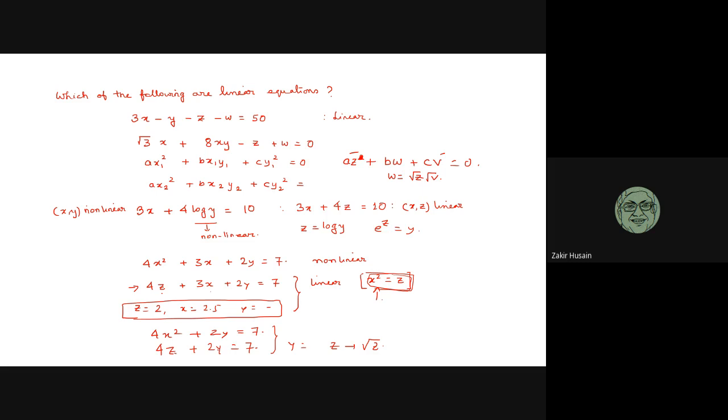It cannot be any w. The w has to satisfy this constraint. So here you have the nonlinearity. But in these cases, it is possible to transform a nonlinear system to a linear system.